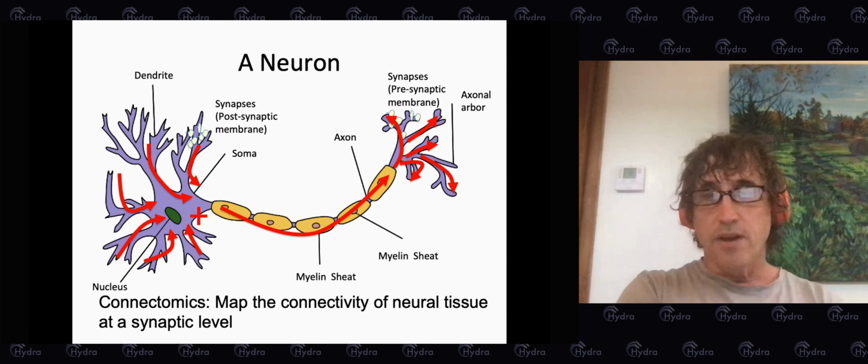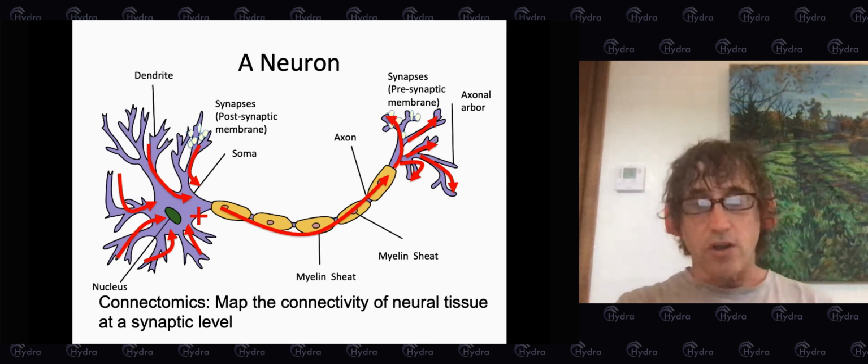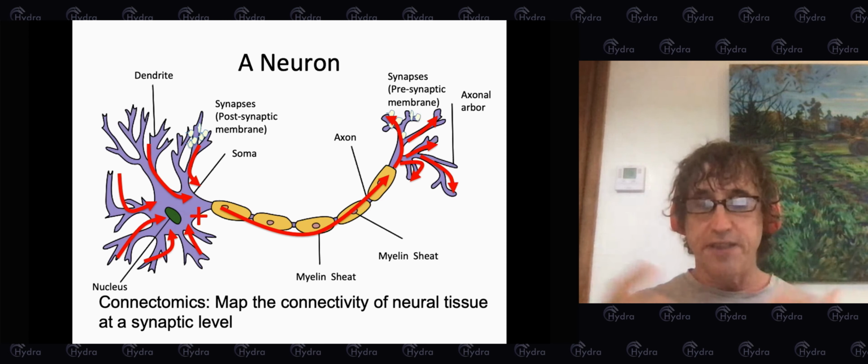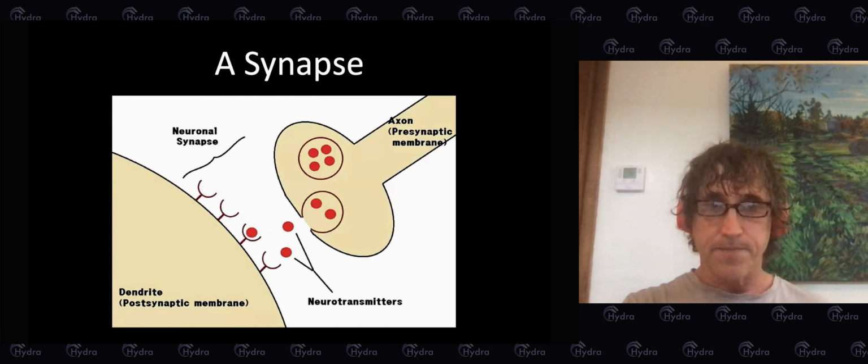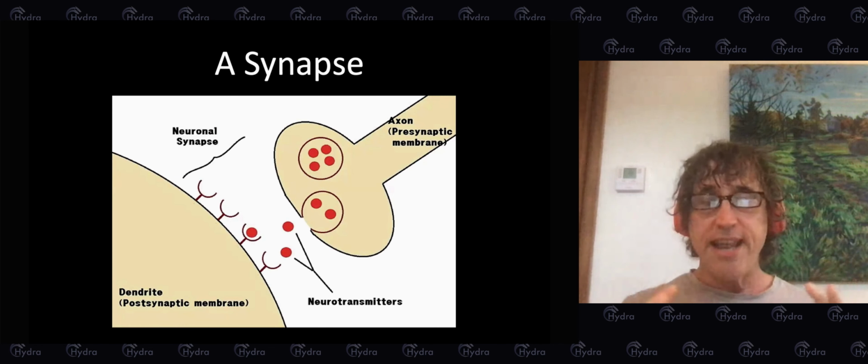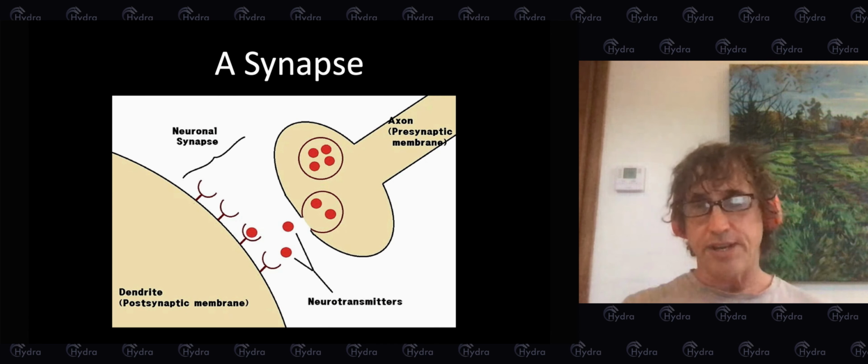The field that I work in, called connectomics, is the field of mapping the connectivity of this type of neural tissue, and doing that at the level of individual synapses, so we can really see the connections and understand what the graph looks like. Each synapse in our brain is actually a chemical connection.